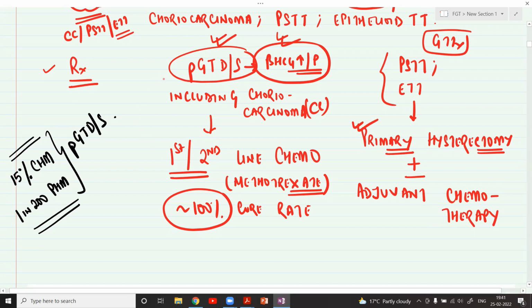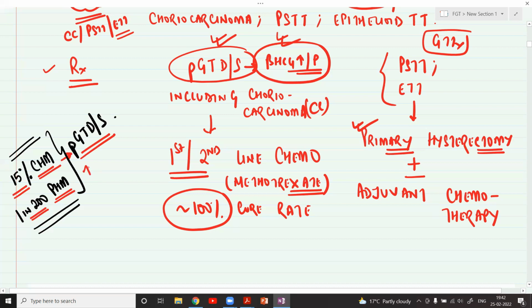Now, as I told you, invasive mole, partial and complete moles can become persistent in nature. Around 15% of complete H moles and around 1 in 200 partial H moles can develop a persistent gestational trophoblastic disease.